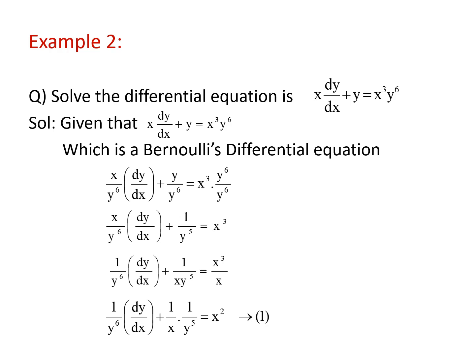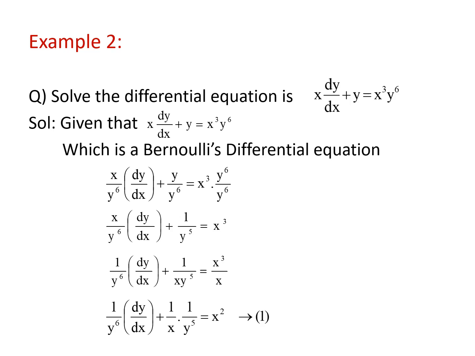Move on to the next line. x by y power 6 into dy by dx plus, here y cancels in the numerator and denominator, the resultant becomes 1 by y power 5, is equal to, here y power 6 cancels, the leftover part is x cube. Move on to the next line.